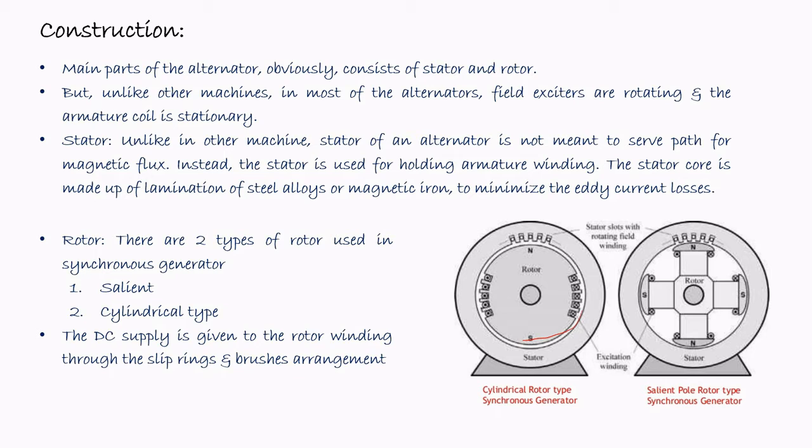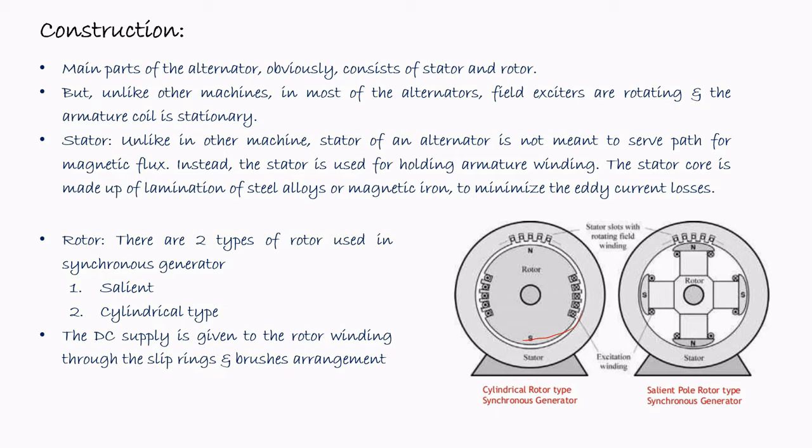Now, if the three-phase windings are placed on the rotor, the weight of the rotor will be very high, so the inertia will also be very high. As a result, a high external mechanical force will be required to rotate the rotor if the armature windings are placed on the rotor.